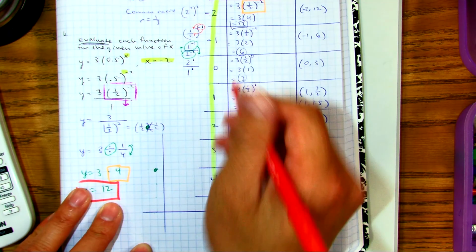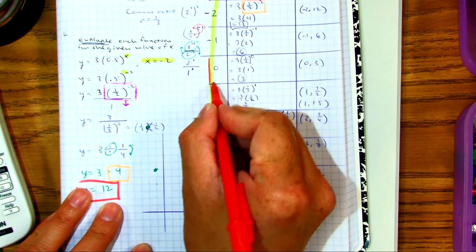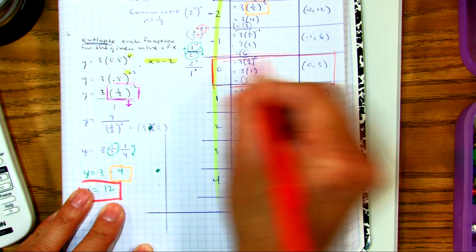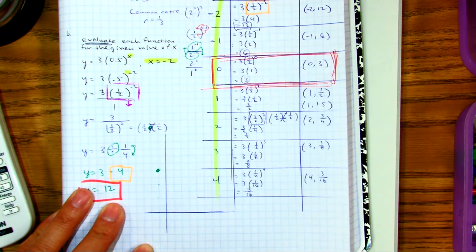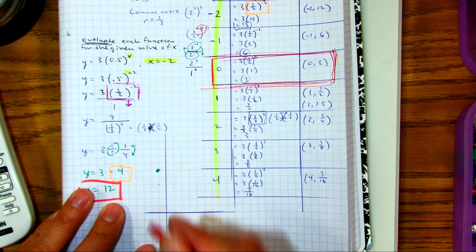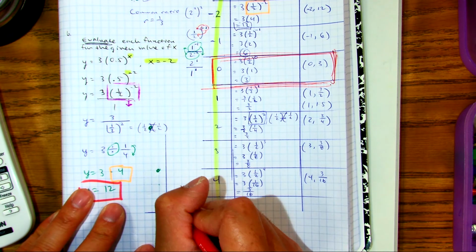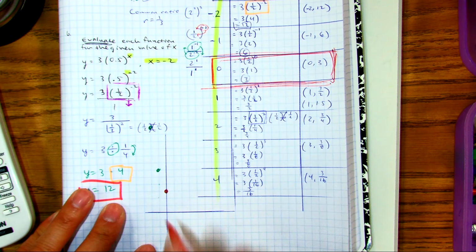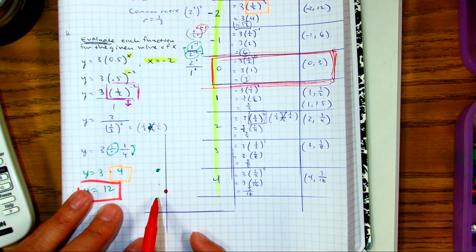Okay, this one I'm putting in red. Why do you think I'm doing that? What does this represent, class? The y-intercept. Super important. It is the most important point for an exponential graph.